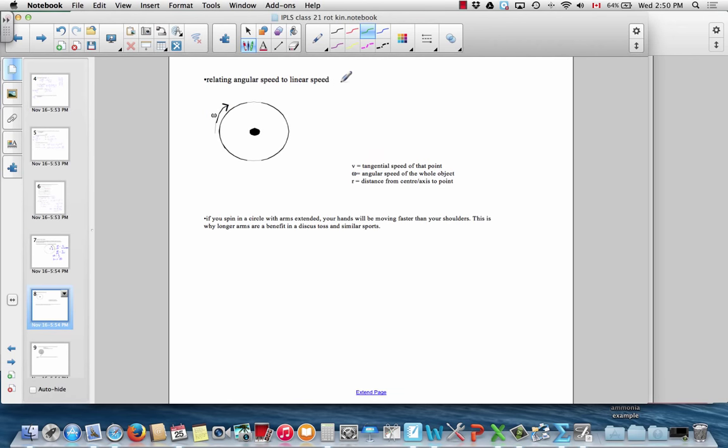Now, for linear speed, that's going to be the distance over time. And the distance, well, that's the arc. And so this is r, based on what we just wrote down, times the angular displacement theta over time. But this, of course, if you're going at a constant speed, is omega.